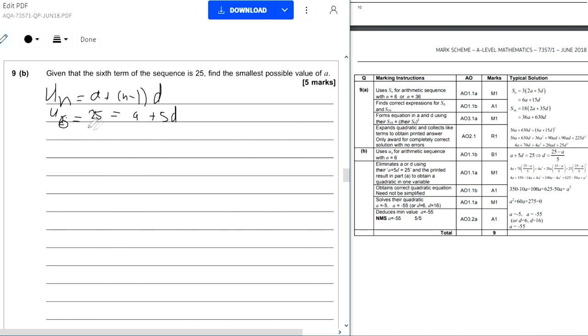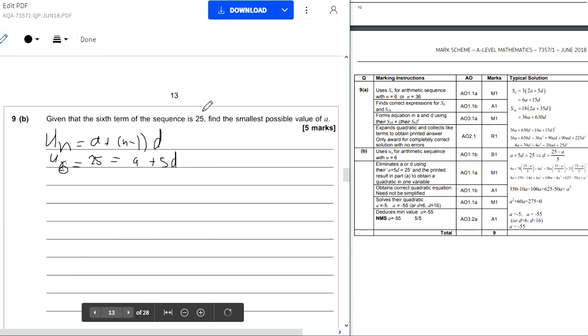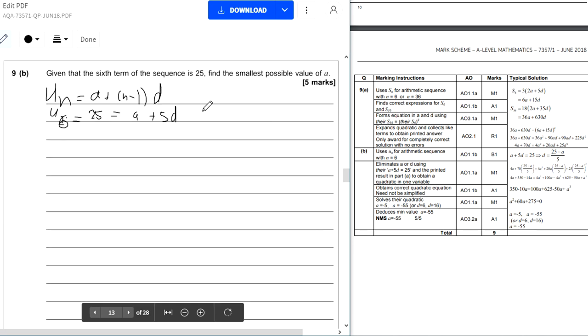So now we have two equations with a and d in them. And so we've got to combine them in some way, because that's the only way we're going to find a possible value of a.